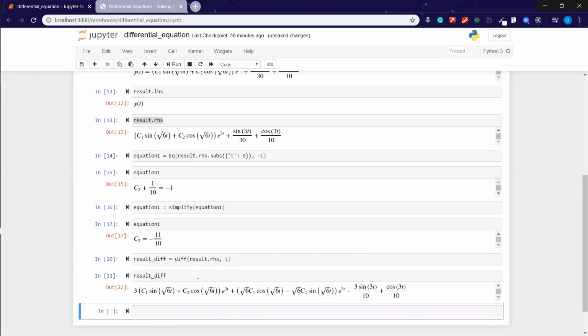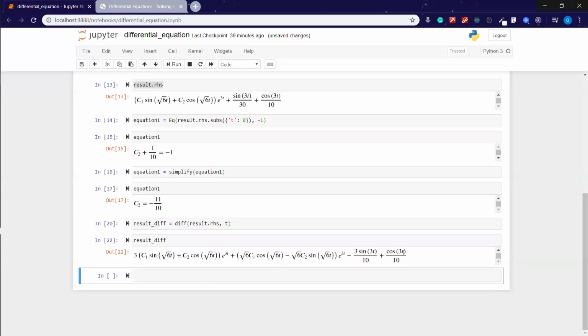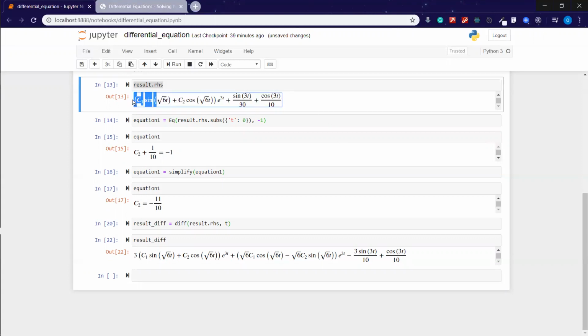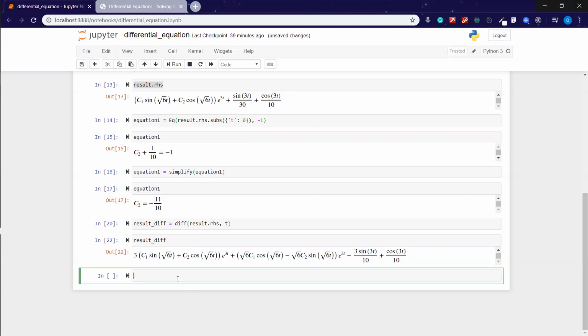So now this is the derivative of our result, right? The derivative of everything here on line 13. So now equation 2. Equation 2 is what we have when we substitute for t into this equation, into the result diff.